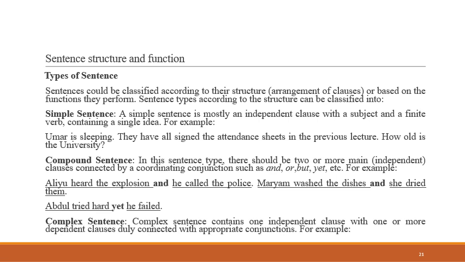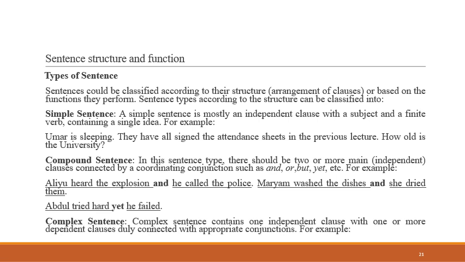Based on this, we can say that sentences, being the highest in the hierarchy of grammatical structure, are classified broadly into two types, that is, according to structure and according to function. According to structure means according to the arrangement of clauses within a sentence, and according to function means according to the function they perform in a particular context.